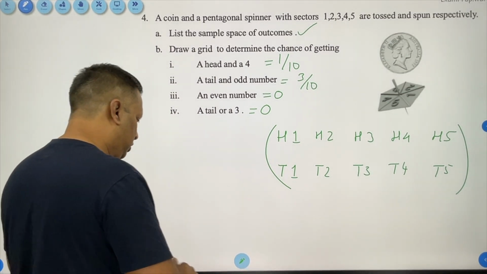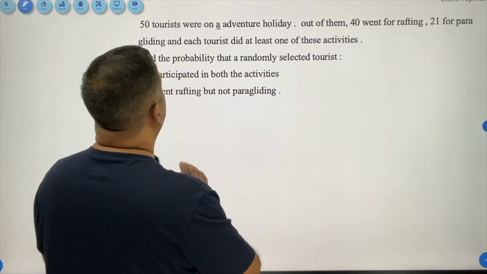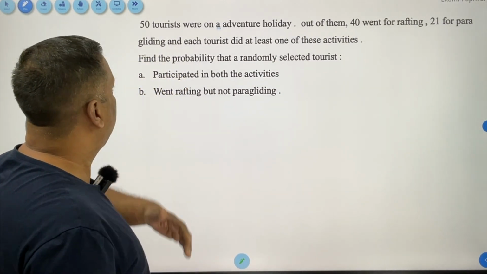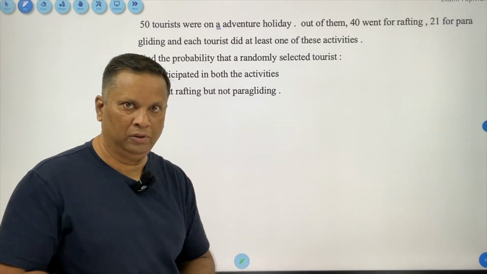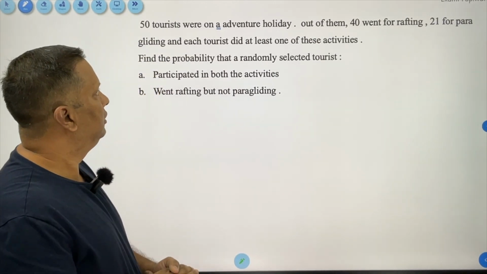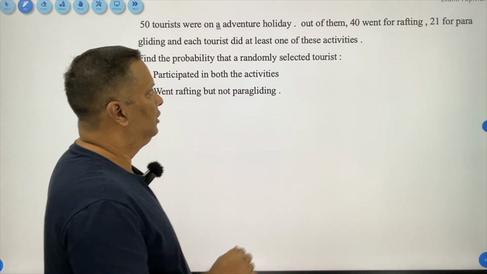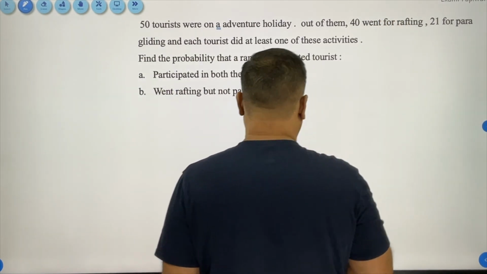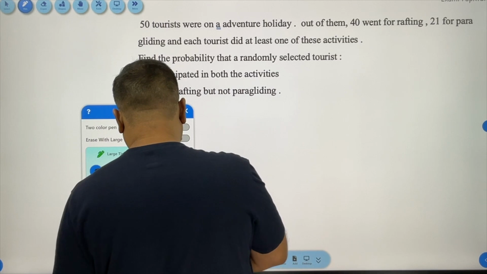Okay, so let's go ahead and do next question. 50 tourists were on an adventure holiday. Okay, 50 guys. And 40 went for rafting. So first I'll try to capture data. This time I will use my favorite color, blue.